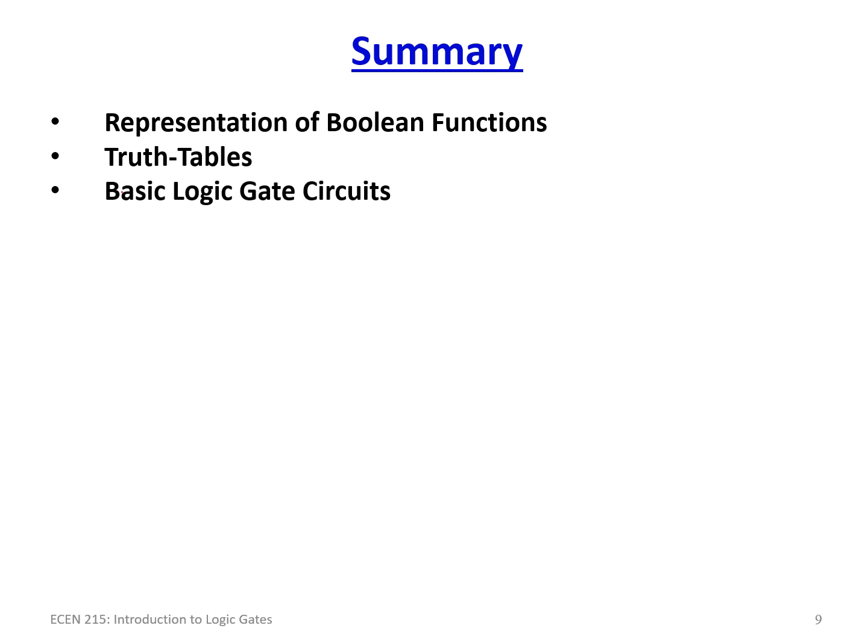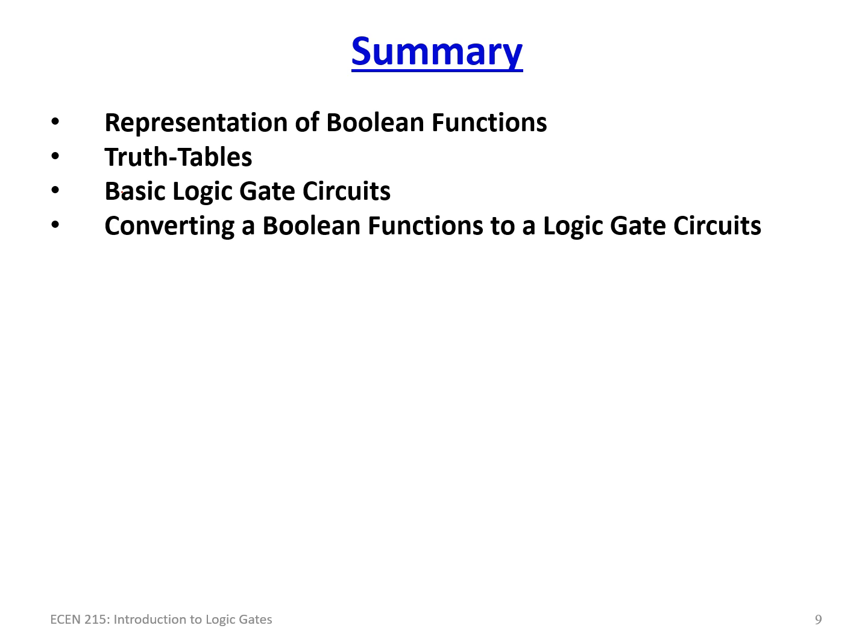Then we looked at basic logic gate circuits, the AND gate, the OR gate, the 3-input AND gate, and of course the NOT gate. And then, of course, we looked at converting Boolean functions to logic gate circuits. So just basically starting with F and working backwards through the Boolean function in the exact opposite order that you would normally go through and converting it into a logic gate circuit.